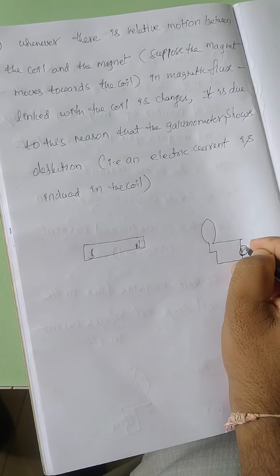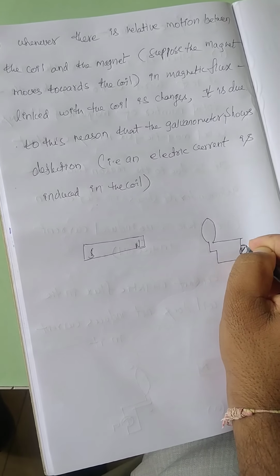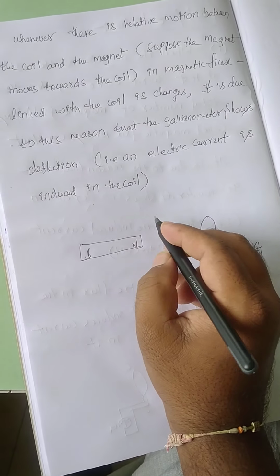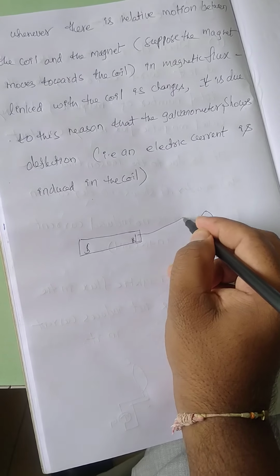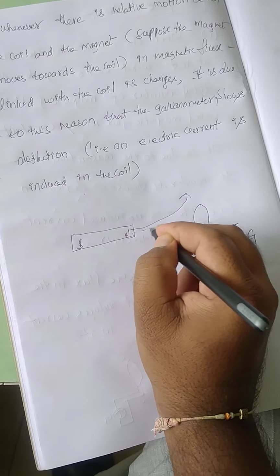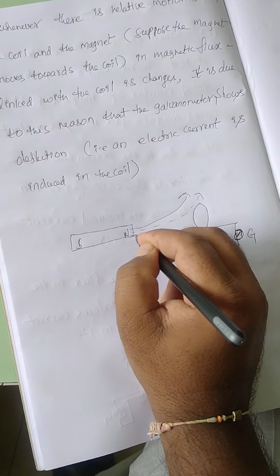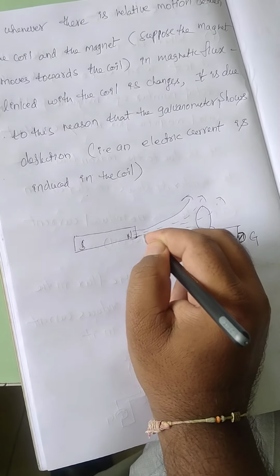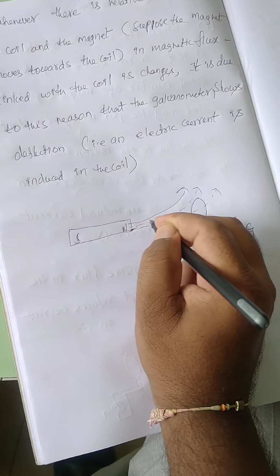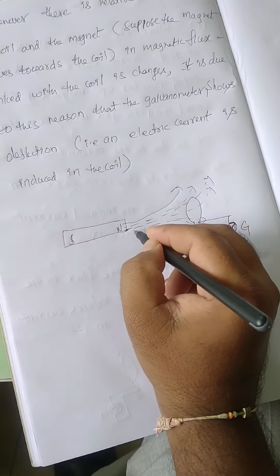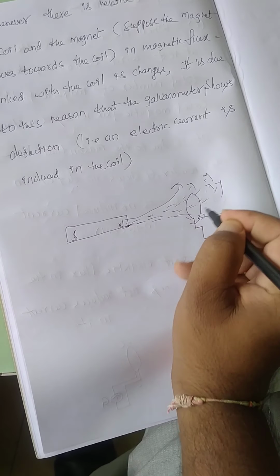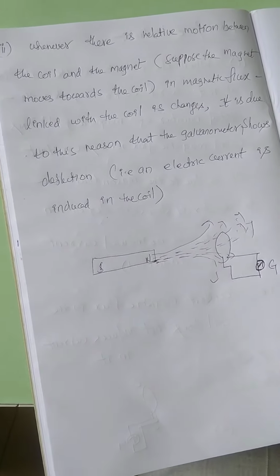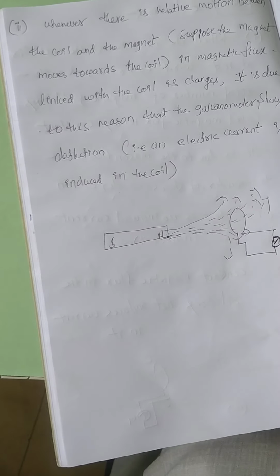Here, if the magnet moves towards the coil, the galvanometer shows deflection towards the right. Now we can take magnetic field lines. Yes, the galvanometer shows deflection. Up to this we already discussed in the last class, right?